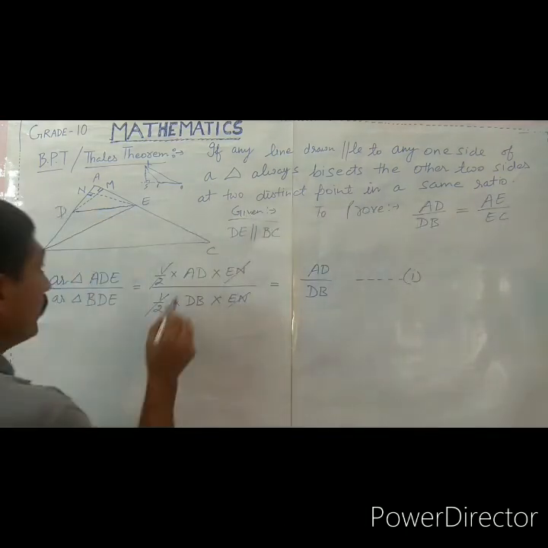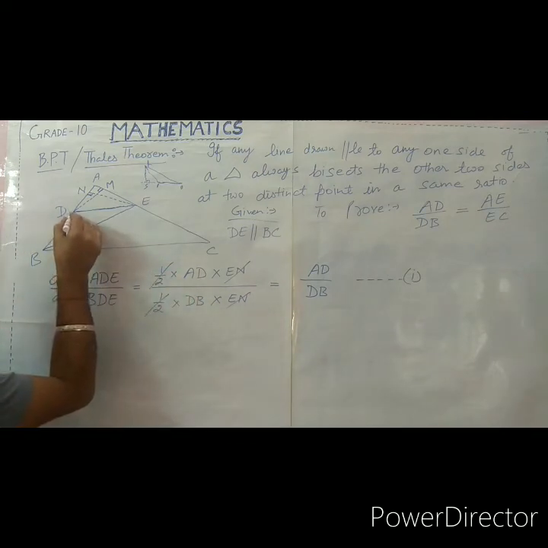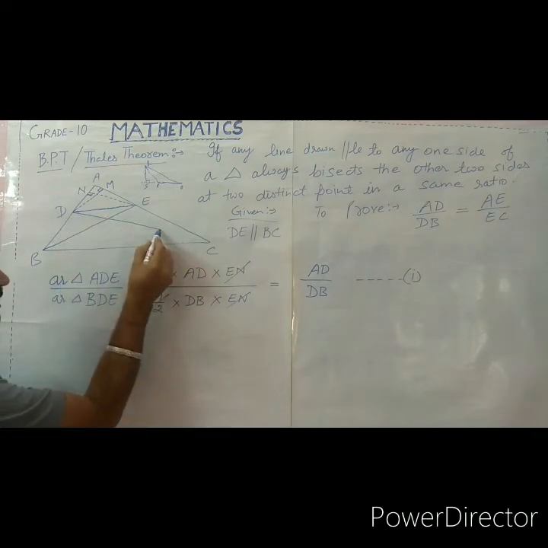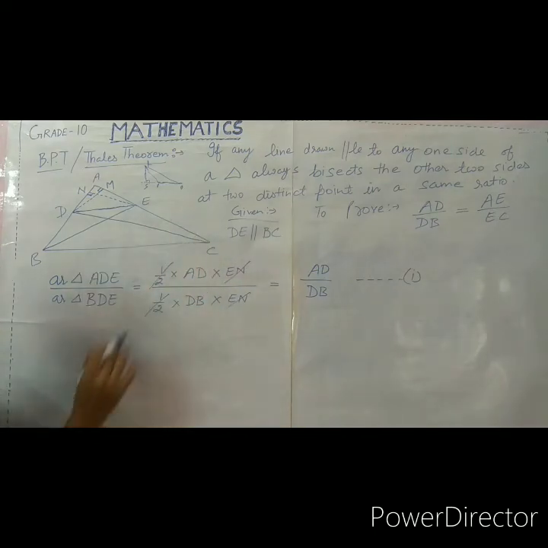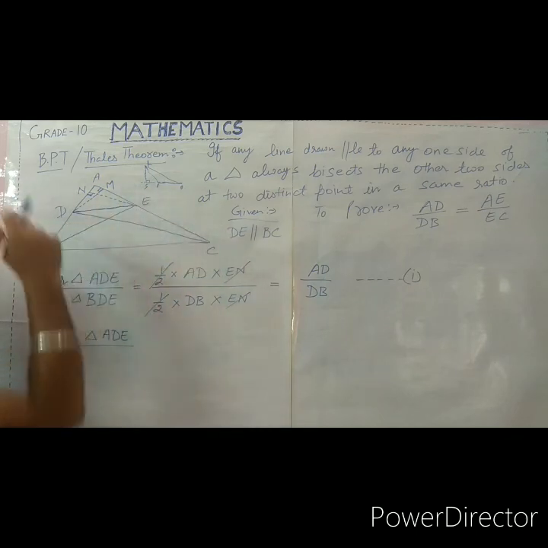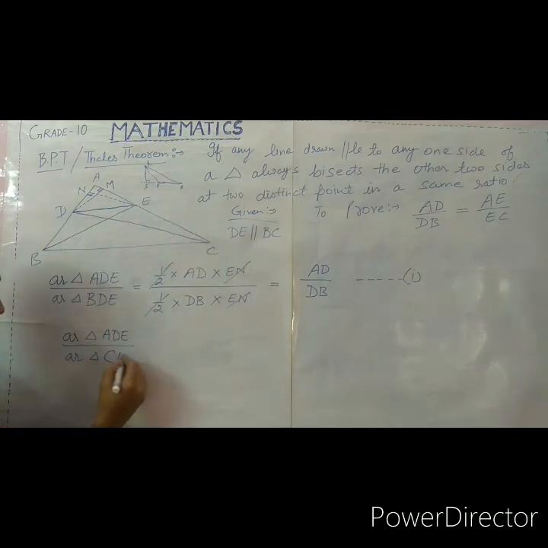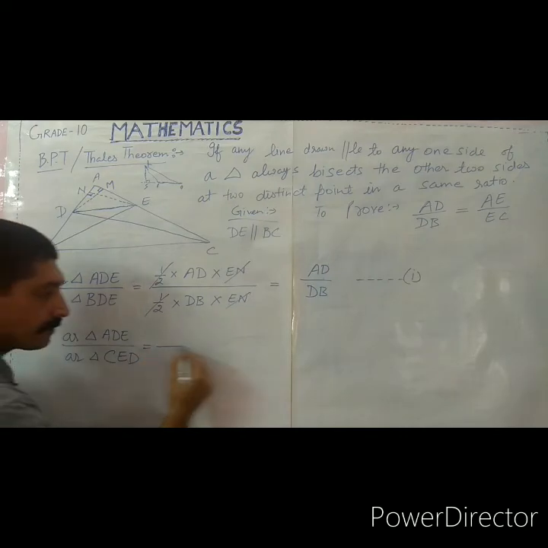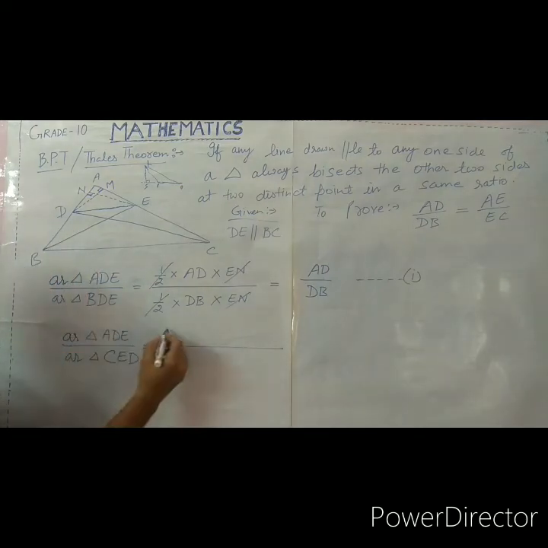Now we will join D with C. When we join D with C, again we will take the same triangle ADE upon, now in place of BDE, we want to take triangle CED. Now here this triangle area is half. Now in place of AD I want to take the side AE.